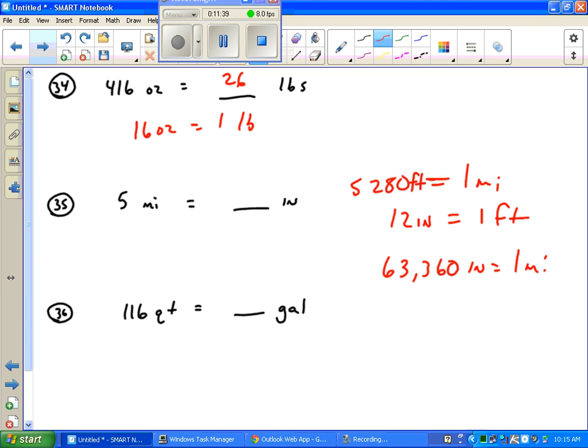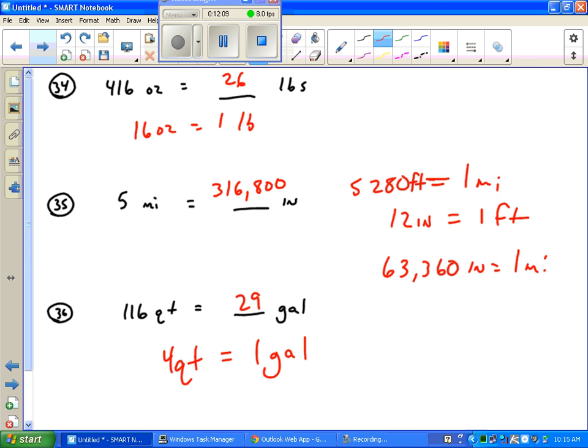So if there are that many inches in 1 mile, when you multiply that by 5, you get this number, 316,800 inches in 5 miles. And then the last one you had to do, 116 quarts equals how many gallons? We know that there are 4 quarts in every 1 gallon. So divide 116 by 4 and you get 29 gallons.